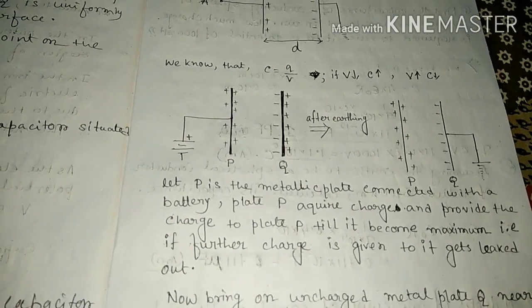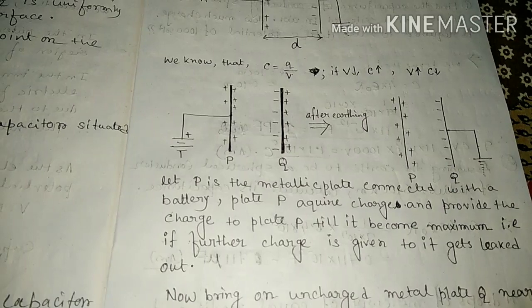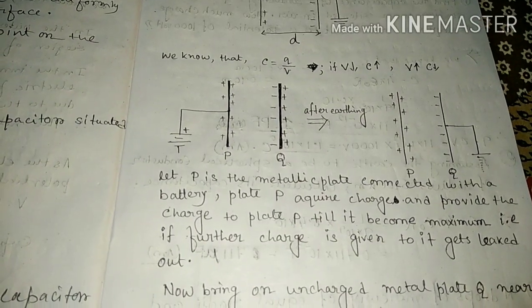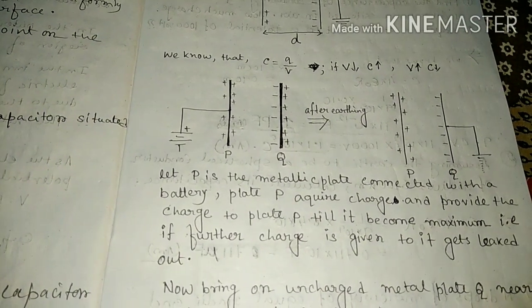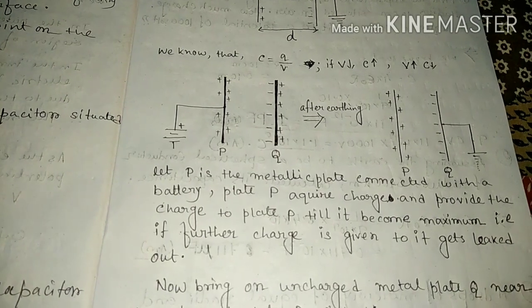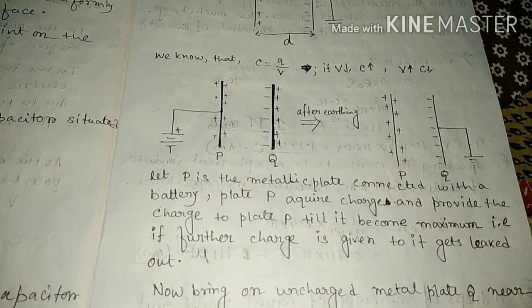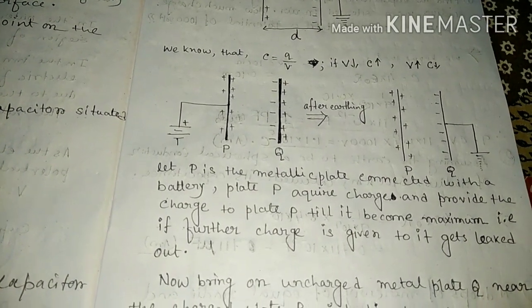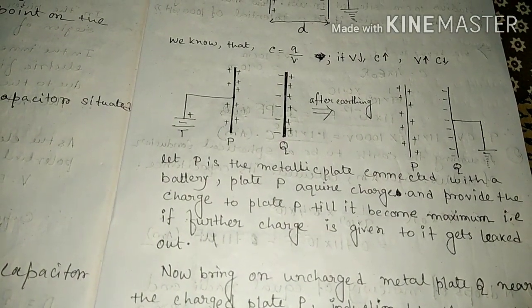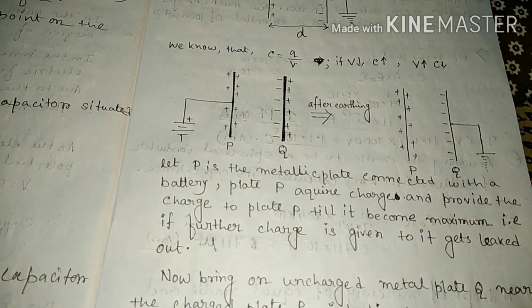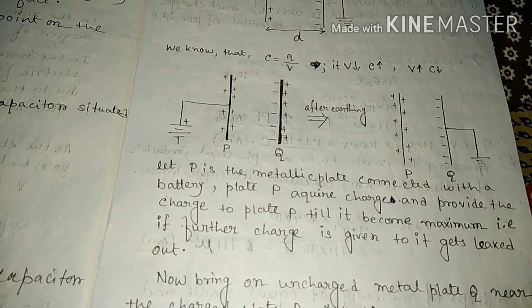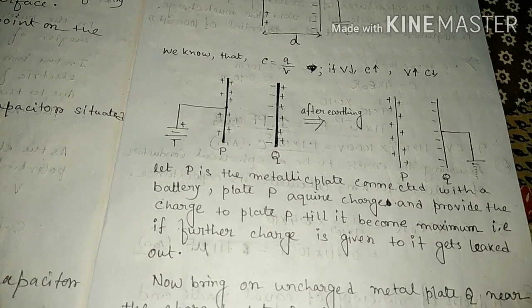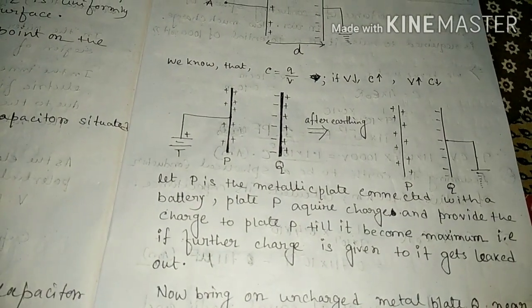So the first metallic plate P acquires some charge till it becomes maximum. In a previous class we also studied that when the leakage or ionization process starts, the conductor stops receiving charge from the source.